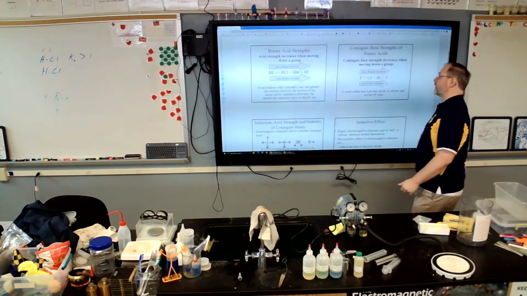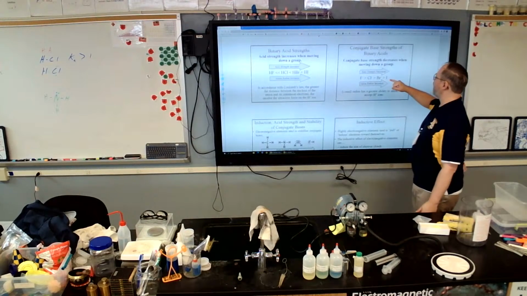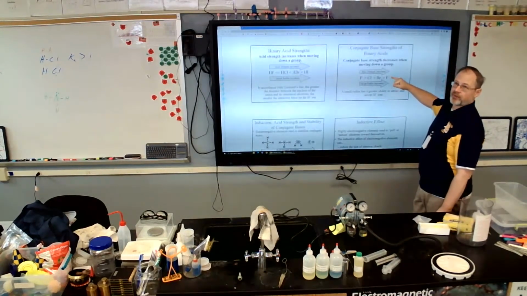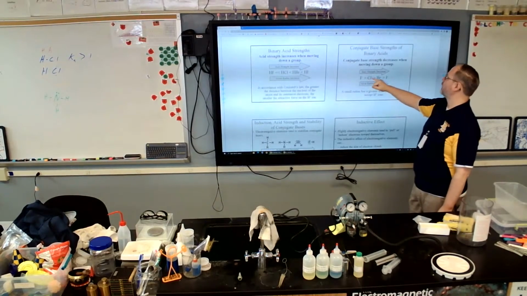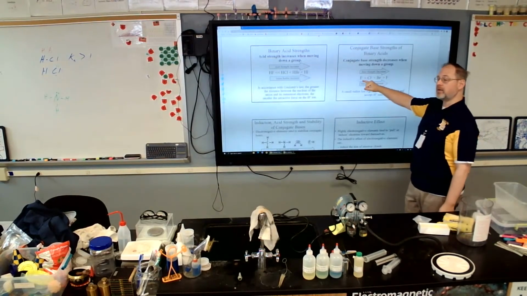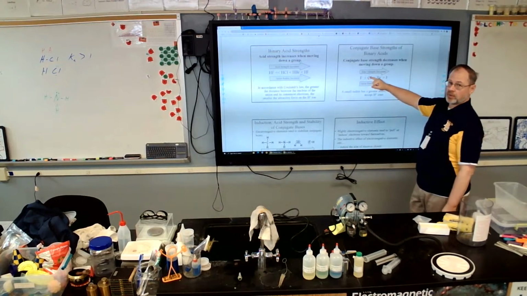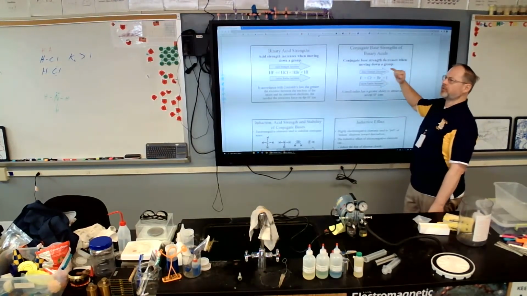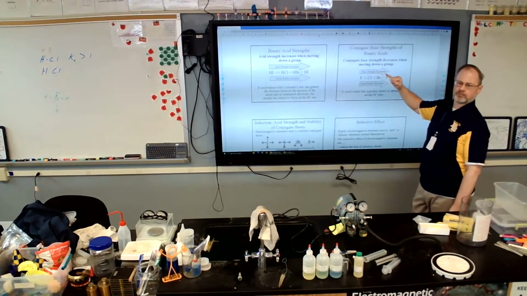Okay, now with bases, when you have I-, you have very electronegative atoms in fluorine, chlorine, bromine, and iodine. Fluorine is the most electronegative, so it has the best pull for a wandering proton.